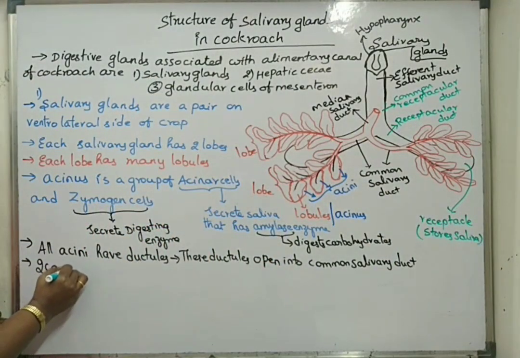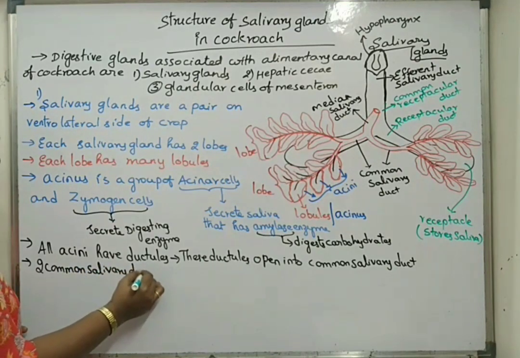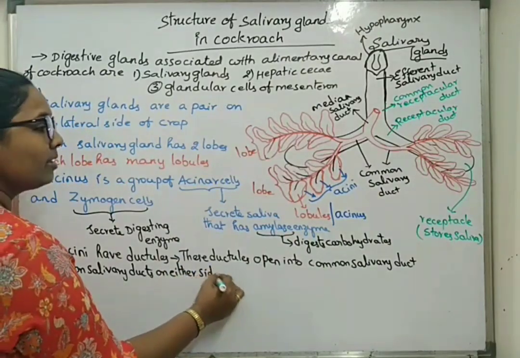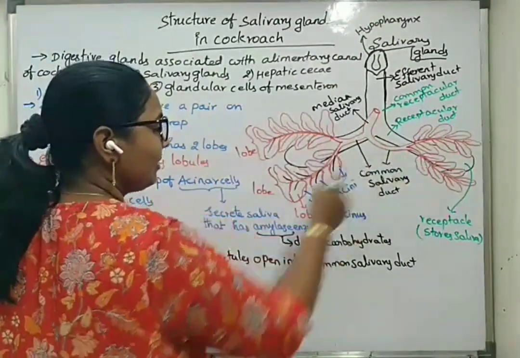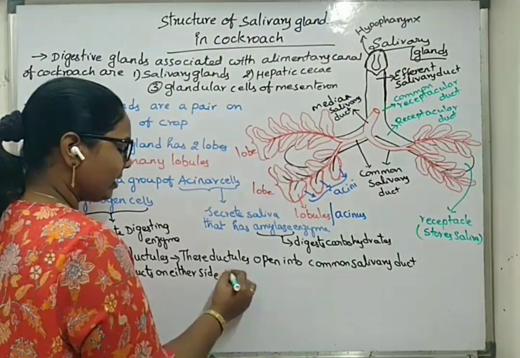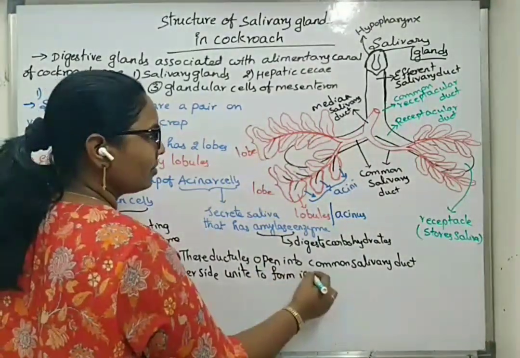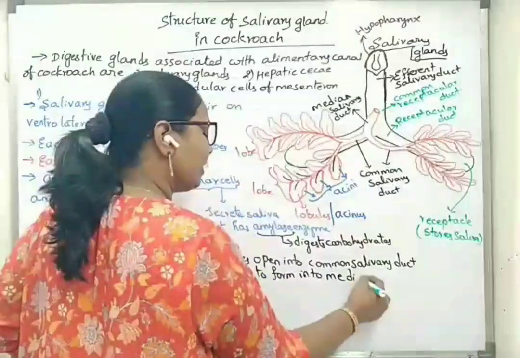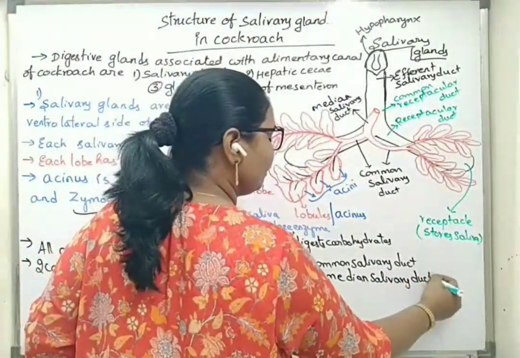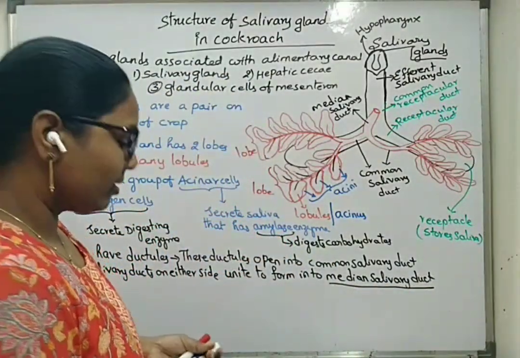Two common salivary ducts on either side of crop, because we know that salivary glands are present on either side of crop. On either side unite to form median salivary duct. Median salivary duct now opens into common receptacular duct.